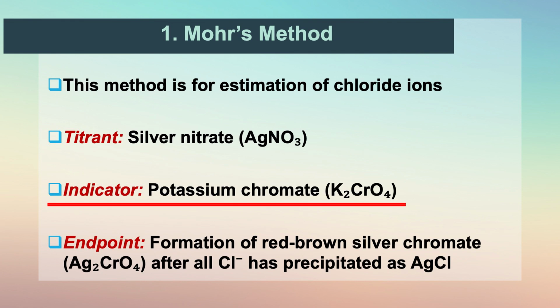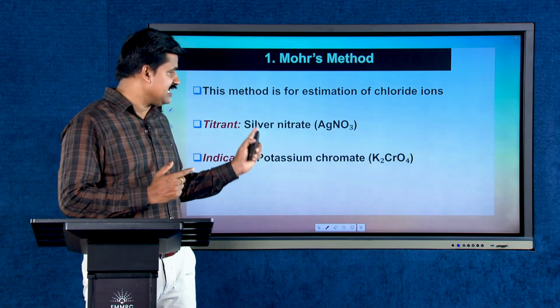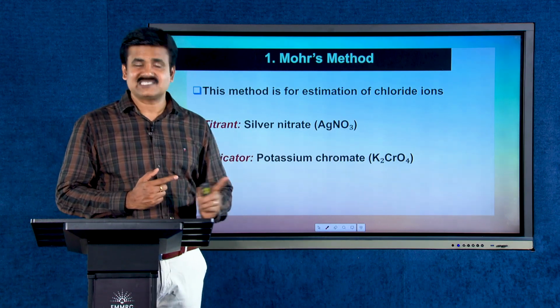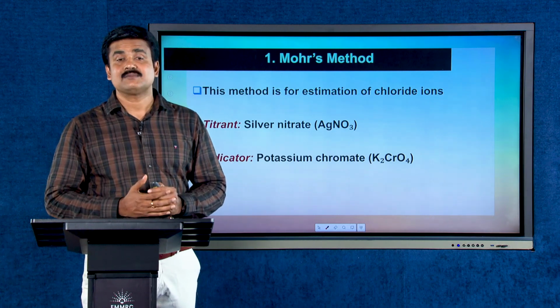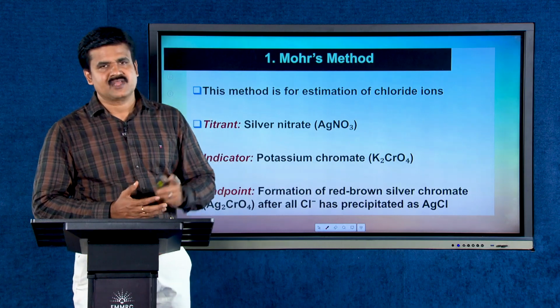Remember, this is not an organic dye. This is a compound, potassium chromate with the molecular formula K2CrO4. Potassium dichromate is K2Cr2O7, and the indicator used for the Mohr method is potassium chromate, with molecular formula K2CrO4.